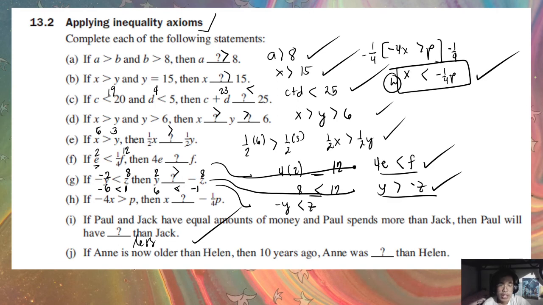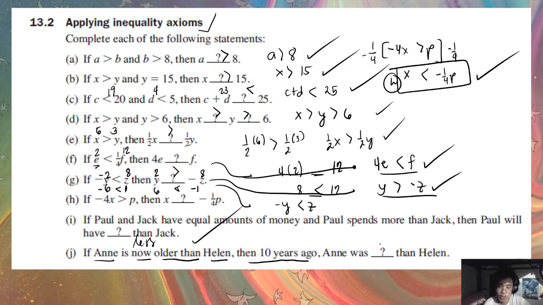Letter J, if Anne is now older than Helen, then 10 years ago, Anne was blank than Helen. So, of course, we know that age progresses.